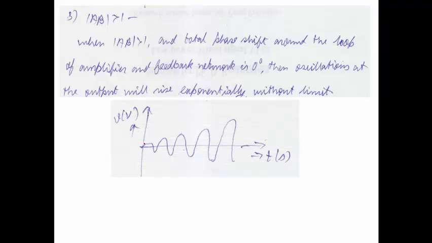Initially the noise signals are of this amplitude. You can see here it is very small, but with the help of positive feedback and by keeping the value of A beta greater than 1 initially, we try to amplify it as far as possible. Once we get the desired amplitude, we stop it. Otherwise, it will go on and on without limits.